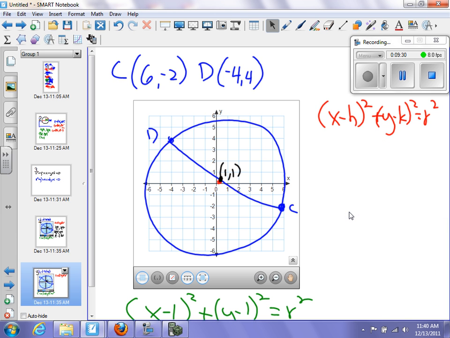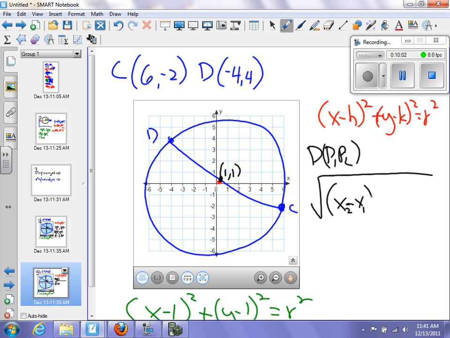Now I can do my distance formula over here, right next to our circle. The distance from point 1 to point 2 is the square root of (x2 minus x1) squared plus (y2 minus y1) squared. That's my distance formula.